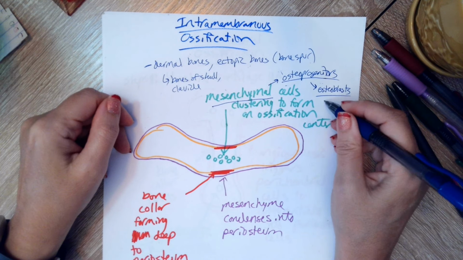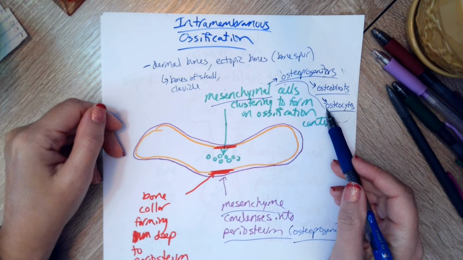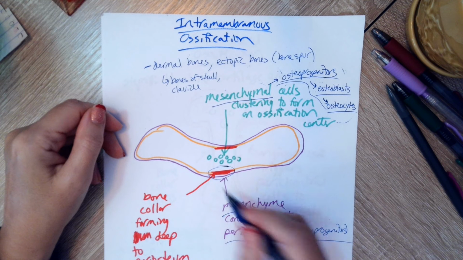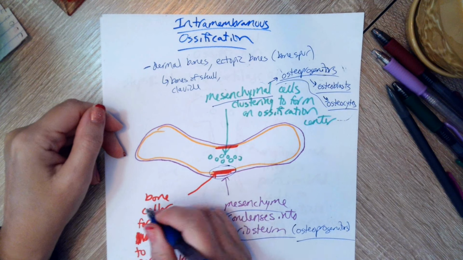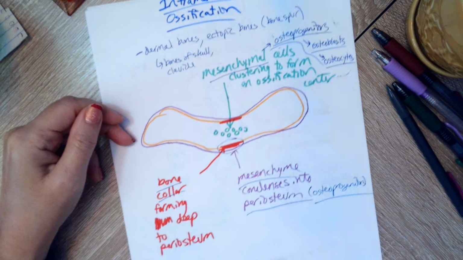In the periosteum, we have osteoprogenitors, which we know because we're talking about mesenchyme. Those osteoprogenitors turn into osteoblasts, which turn into osteocytes. They're forming bone, specifically a layer of compact bone called the bone collar that forms just underneath the periosteum, just deep to it.